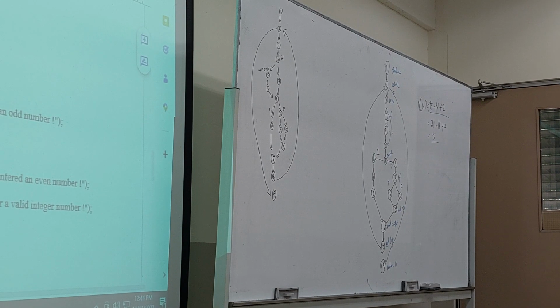Then when my number is 0, 0 modulus 2, what happens to the balance? I'm not talking about the path, I'm talking about the logic of the code. 0 modulus 2, what is the balance? 0. Okay, the balance is 0.